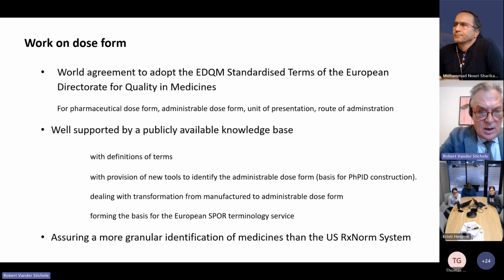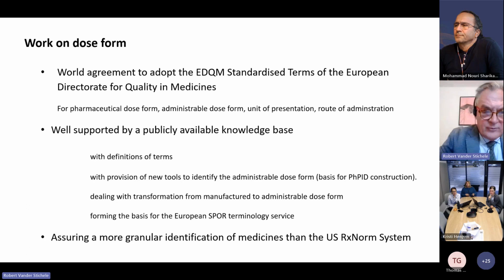It is now well supported by a publicly available knowledge base with definition of terms, with provision of new tools to identify the administrable dose form, which is the basis for the pharmaceutical identifier construction. And it deals with transformation from manufactured to administrable dose form.